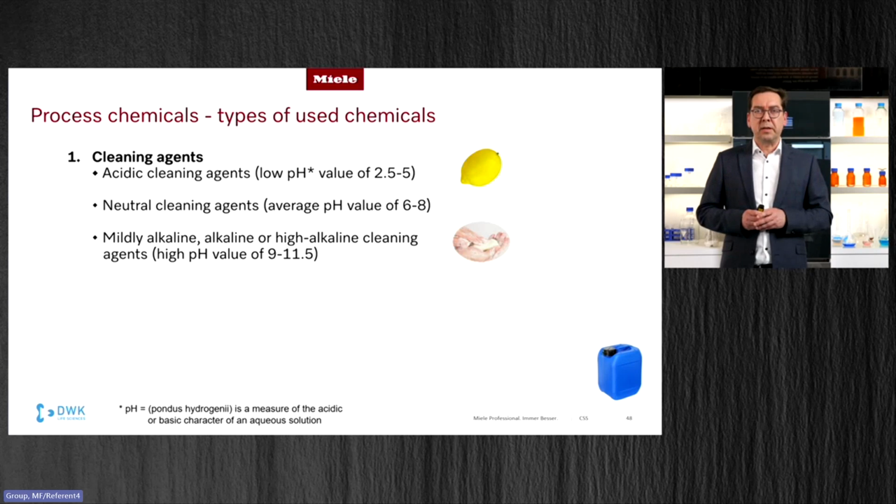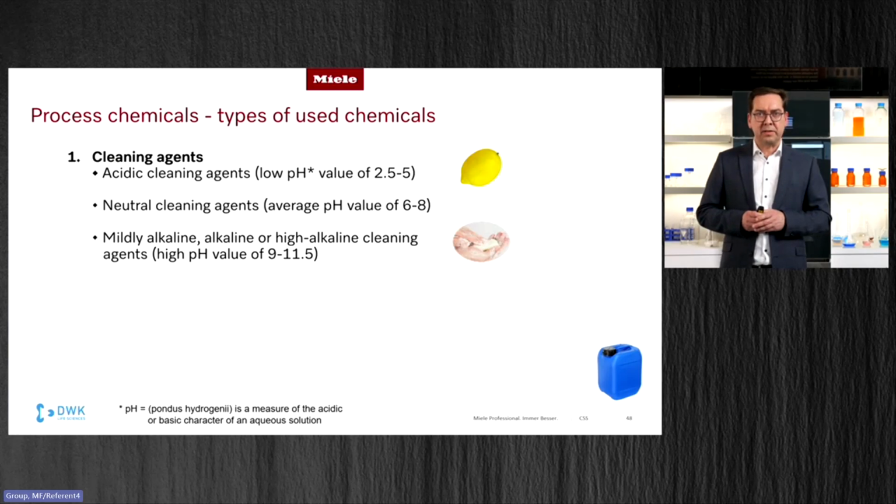Then the second group are the neutral agents, and they have a pH value between 6 and 8, and you can use them when you have soilings that are highly soluble in water. Then you don't need so much force coming from a detergent, so neutral agents are really recommendable.